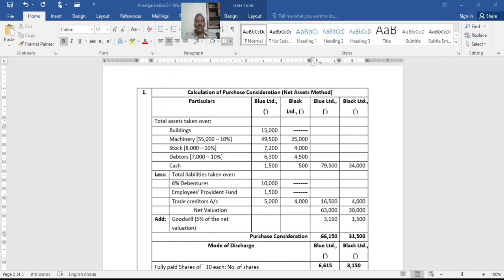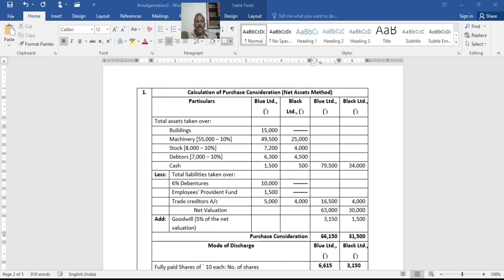From that, total liabilities: 6% debentures 10,000, employee provident fund 1,500, and trade creditors 5,000. Total we have to deduct 16,500 from 79,500, you will get 63,000, that is net valuation.